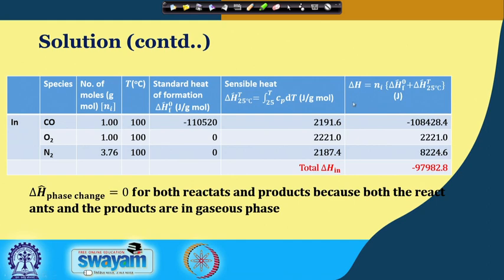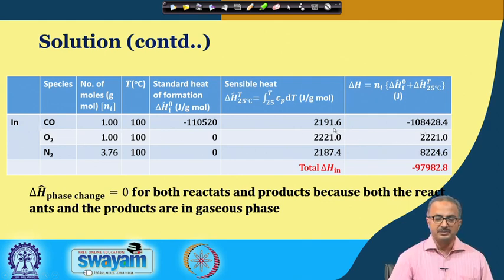The total change in the enthalpy, as we learnt earlier, has to be found by multiplying the number of moles of the species with the change in the enthalpy for that species, and for each of the species we have simply multiplied these numbers with the number of moles.